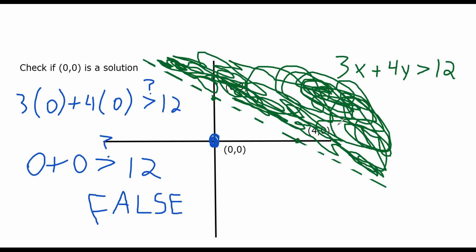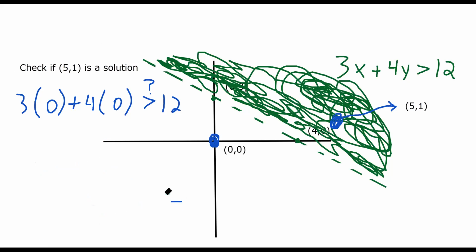But if I come over here and I pick the point, say, I know it's hard to see, but let's say that's the point 5, 1. What we can do is check now if 5, 1 is a solution. We're going to see it's in the shaded region, but you're not going to have the graph beforehand. This is reasoning for why the graph makes sense.